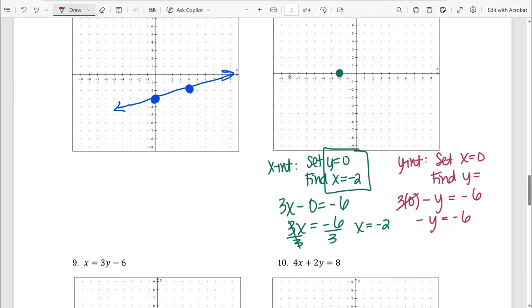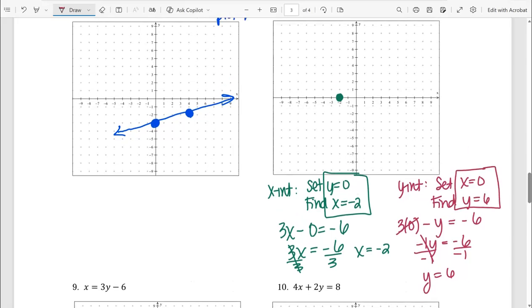But in order to get rid of that negative, remember that's a -1, I have to divide the negative to the other side. You're not done until y is positive and alone. But once you have that, you have a second point. 0 side to side, 6 up, 2 points to plot your line.